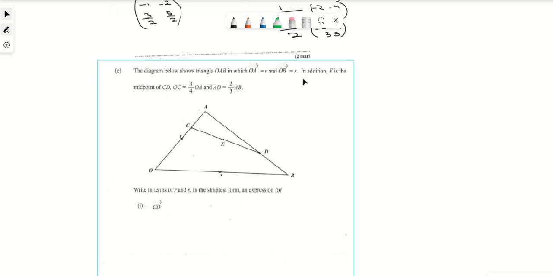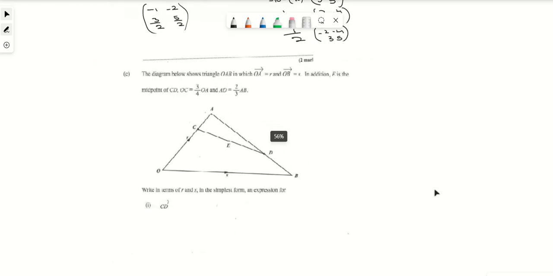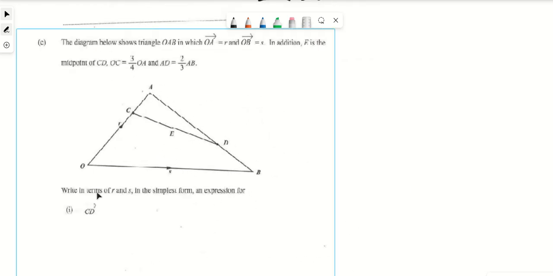Then OC is equal to 3/4 of OA, and AD is 3/4 of AB. In terms of R and S, in the simplest form, find an expression for CD.